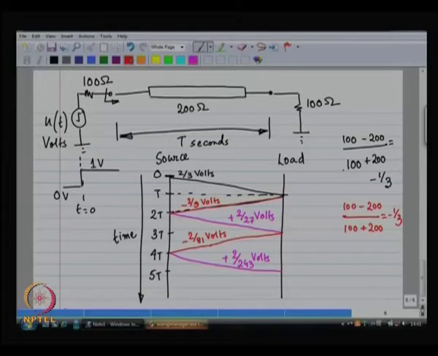Okay, so this is kind of how we do the computation. This is the way we find out what these waves going back and forth are.